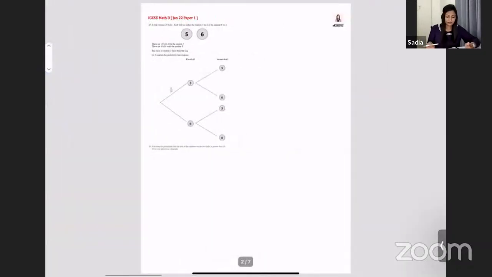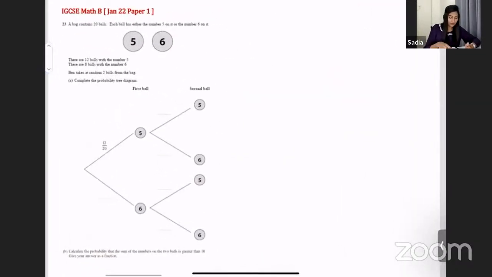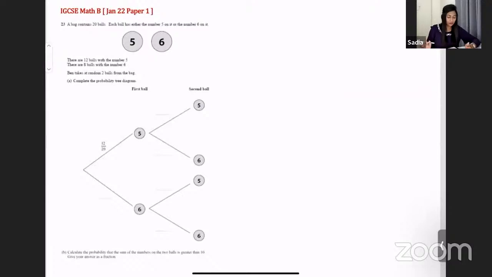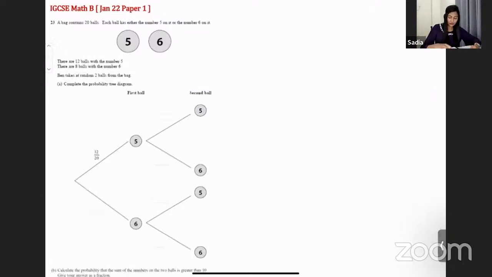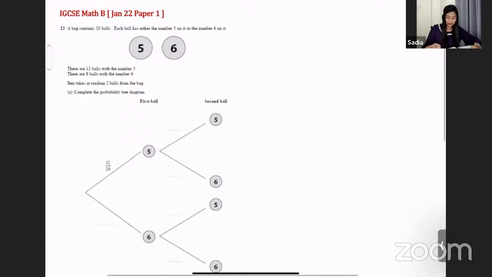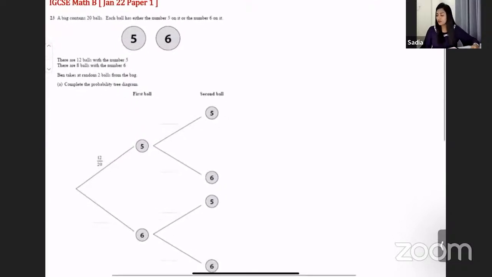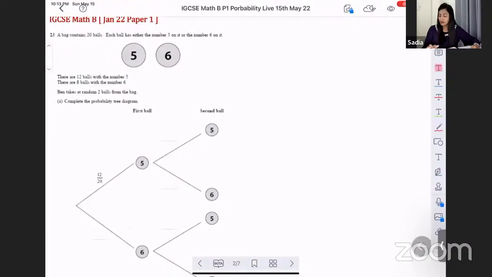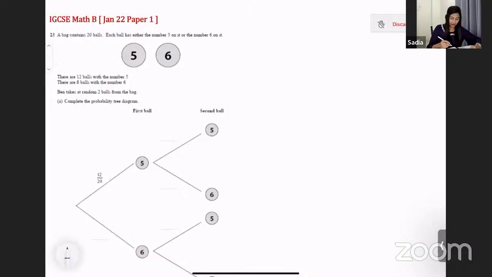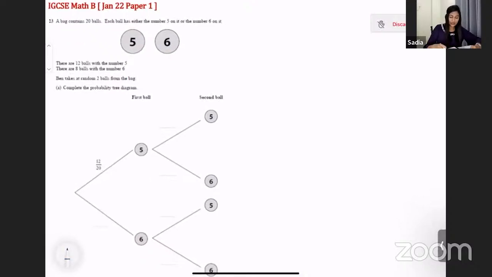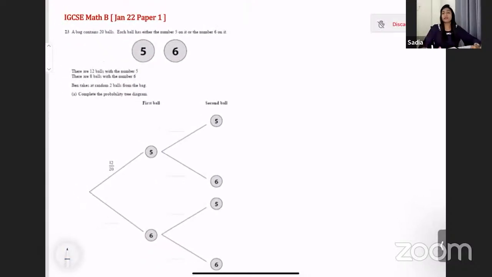So let me start. This is from Jan 2022, paper 1, number 23. This one is based on a tree diagram. A tree diagram basically shows you the options, right? If you have 2 options, you have 2 branches.